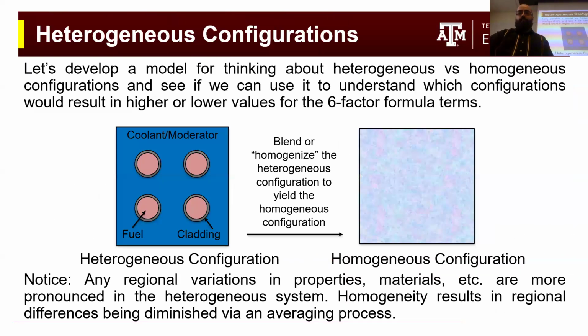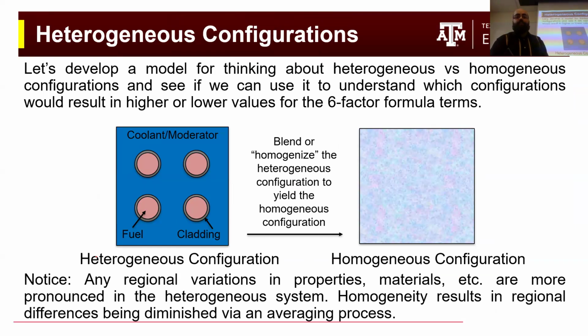So moving forward. When we think about heterogeneous versus homogeneous configurations, I wanted us to think about how to picture that. Then I wanted to talk about what the configuration, heterogeneous versus homogeneous, tells us about our different terms in the six-factor formula.